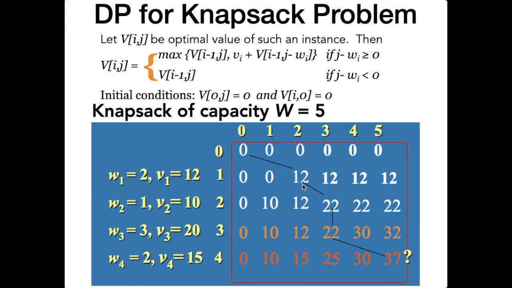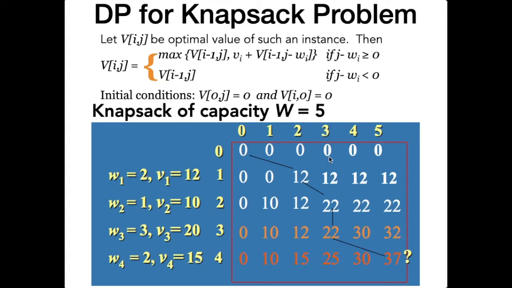So, what it compares is this one, the component above, or if we include item number 2, the value 10 plus V(i-1, j - w sub i), the row above, and the weight 2 minus capacity 1. So, look at this position. So, 10 plus 0 or 12. So, 12 is greater than 10. And then, by increasing this further, we have capacity 3.